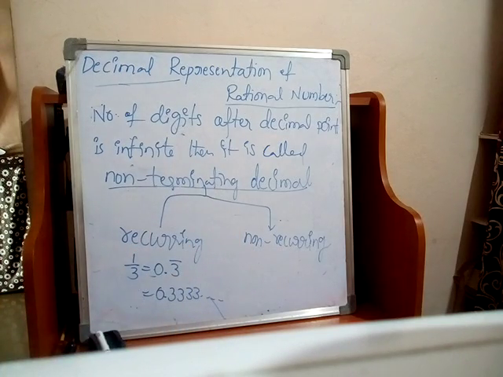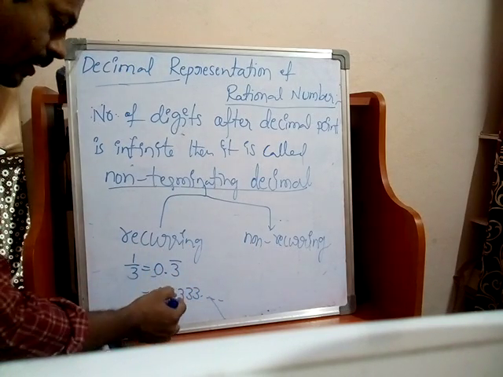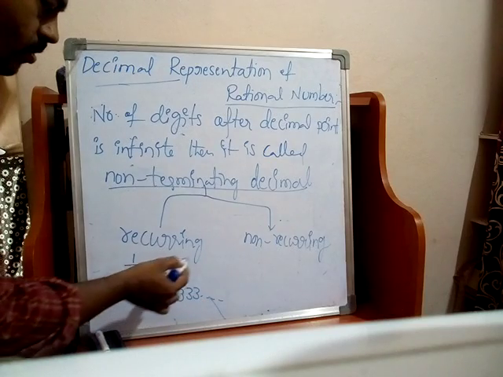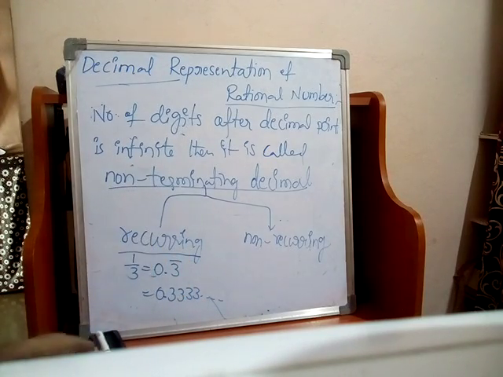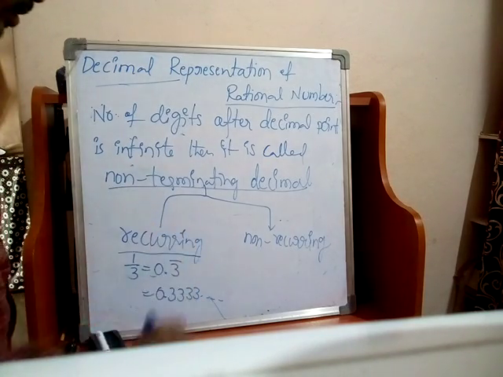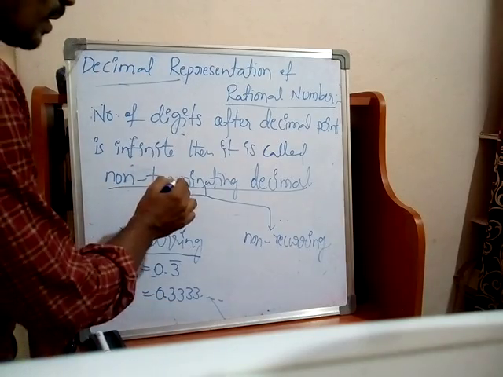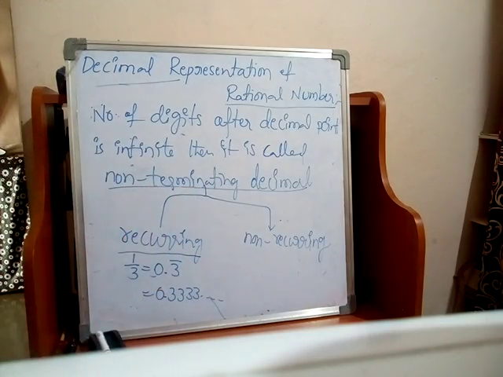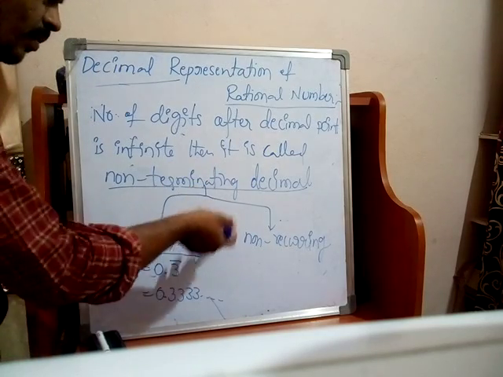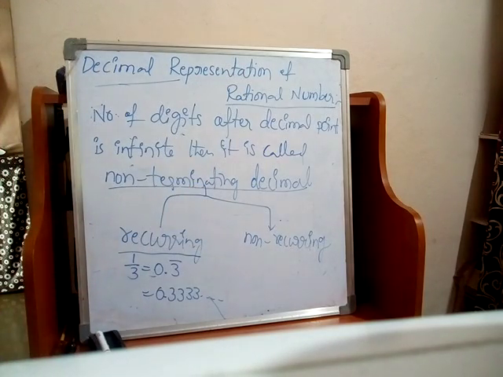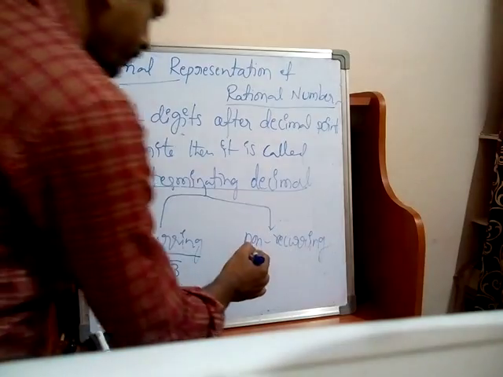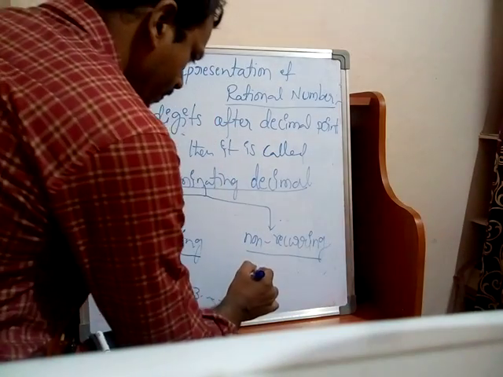We cannot count, so non-terminating. And 3 is repeated continuously, so it is recurring or repeating. So this decimal is called a non-terminating recurring or non-terminating repeating decimal.